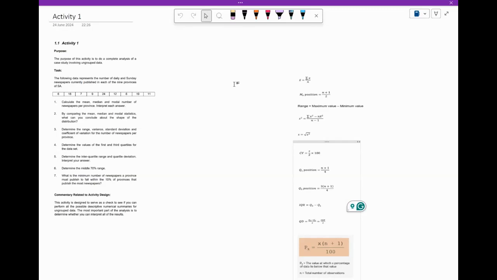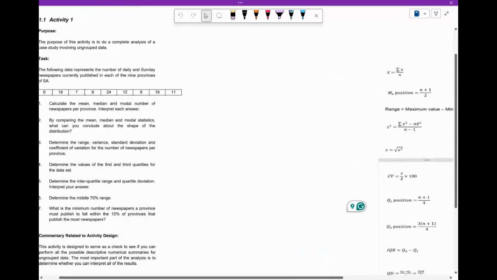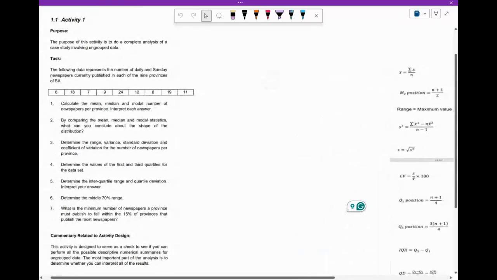So before we can even calculate the mean and the mode and the median, what must we do with our data? We have to sort it from smallest to biggest, isn't it?